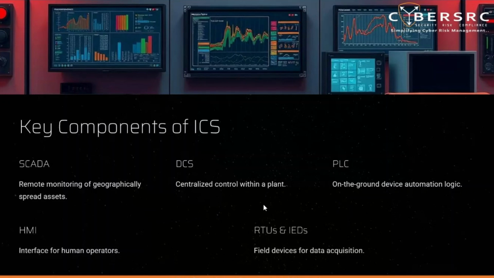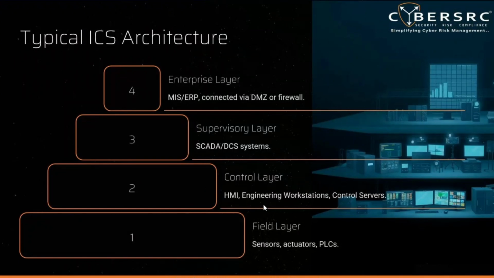So basically, if you imagine an infrastructure, in the control room there are people monitoring the devices using SCADA. They can turn the devices on and off, and they can monitor their state, such as temperature, how much memory it is using, or whether there are any fault alarms, for example if they are overheating. All this monitoring is done through SCADA. So now let's move on to the typical ICS architecture.